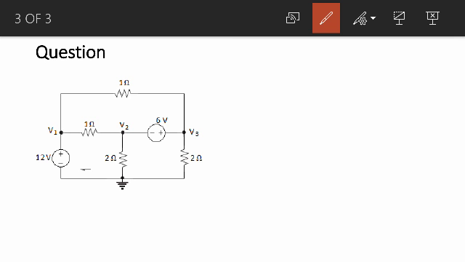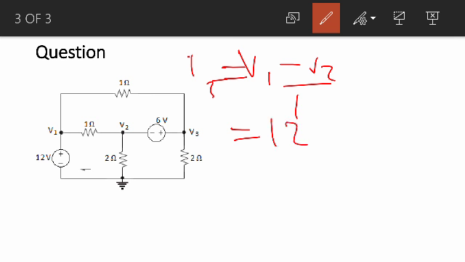So I3 is V1 minus V2 divided by 1, which is 12 minus 5, giving us 7 amperes. So our I3 is equal to 7 amperes.